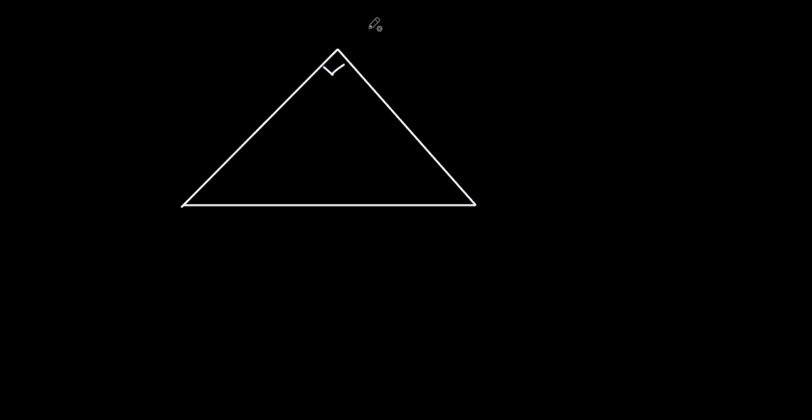There's my right angle. These two should be equal. It doesn't quite look equal. We'll pretend it is. Is that all right? So if this is 45 degrees, and this is 45 degrees, and they tell you this is 3, we'll call this C, we'll call this B.